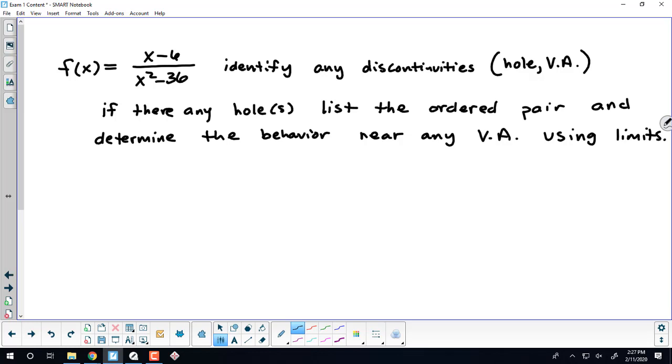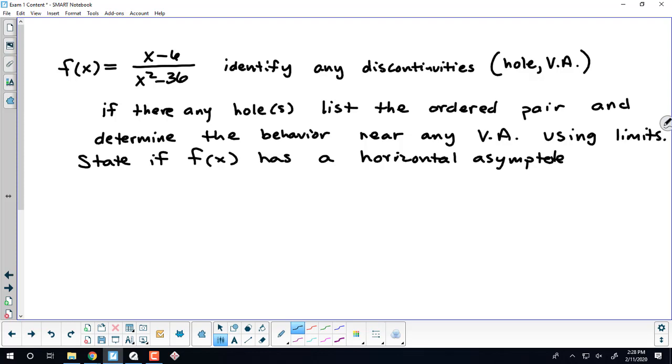And we'll also state if f of x has a horizontal asymptote. Also here, use limits. You can use algebra to determine information, but as far as showing the work to justify it, you need to use limits, okay?